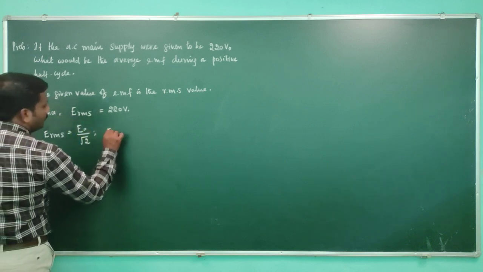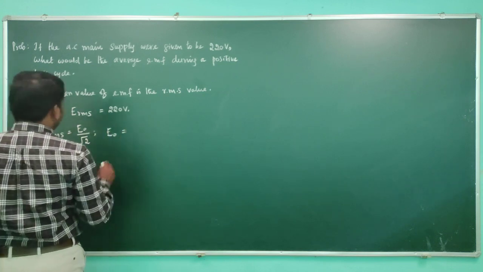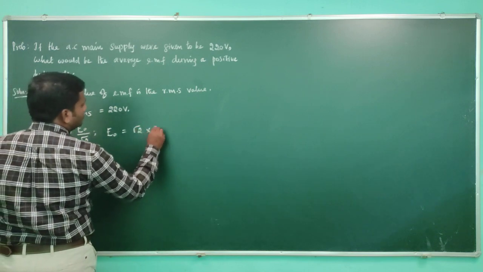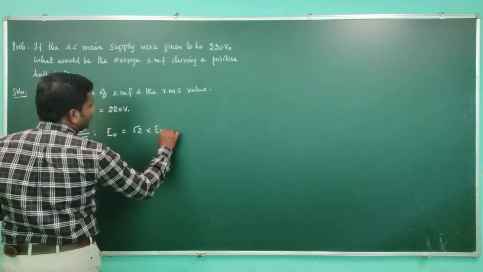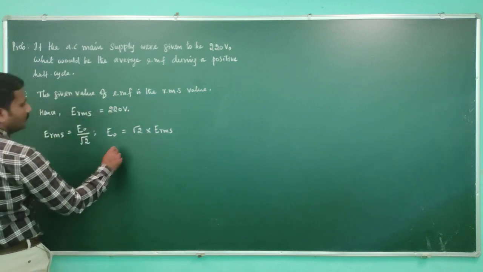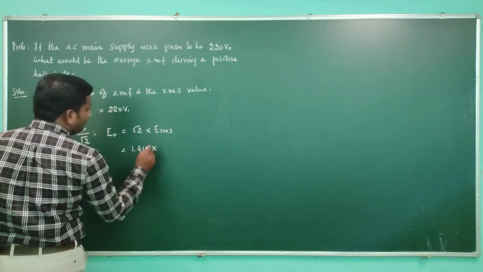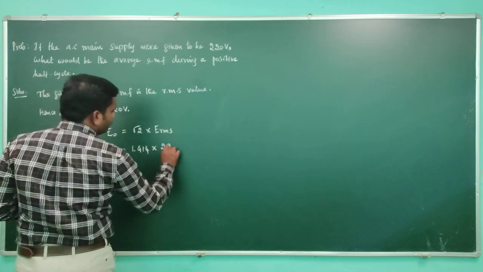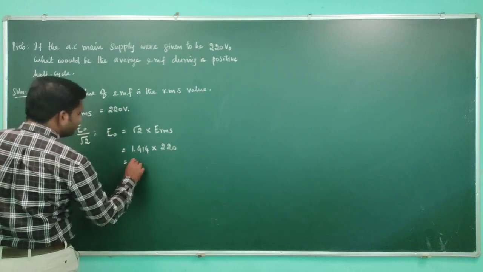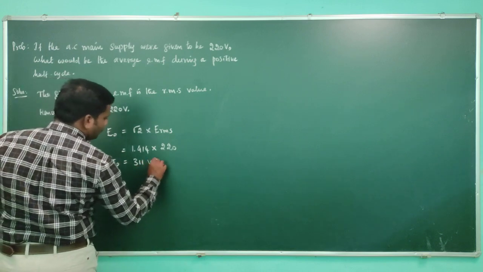So if you want E naught, that is the peak value, we have to multiply the root mean square value with root 2. So root 2 into E RMS. E RMS is 220 volt. The value of root 2 is 1.414 multiplied by 220. This will give us 311. So E naught is 311 volt.